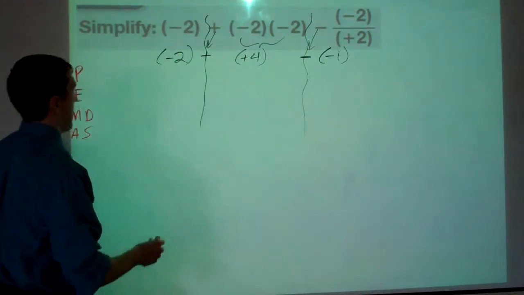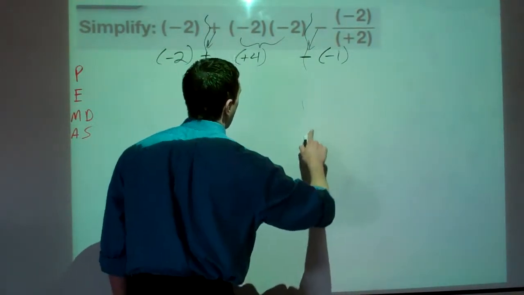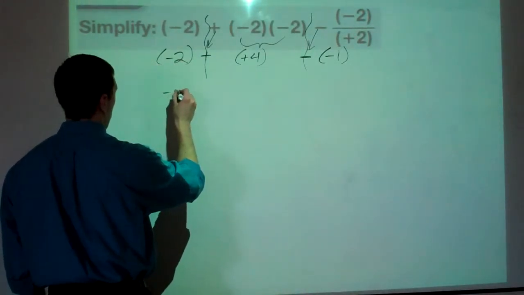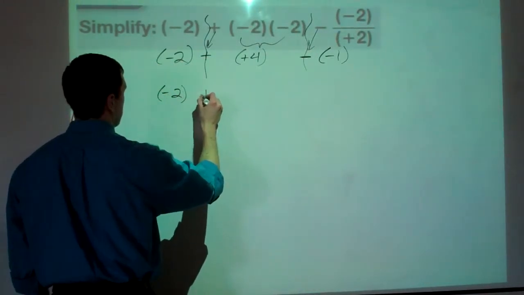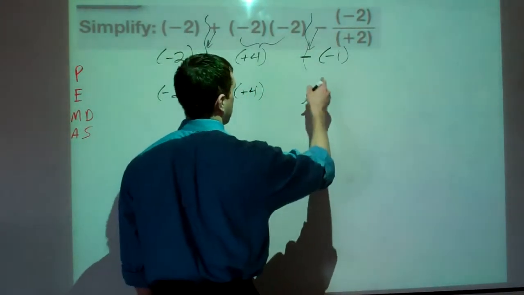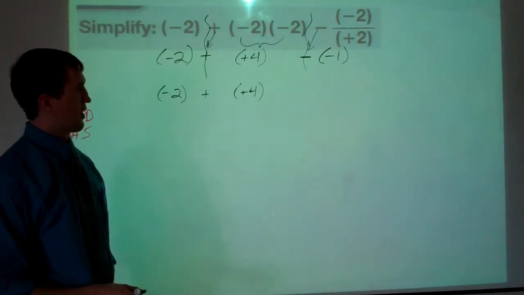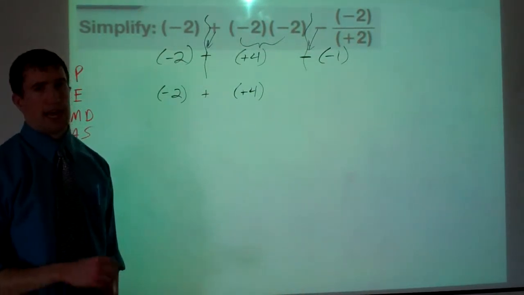Okay, so here's what we have. Alright, so we've got -2 plus +4 minus a -1. Now minus a -1, remember our rule is whenever we subtract, we can add the opposite.